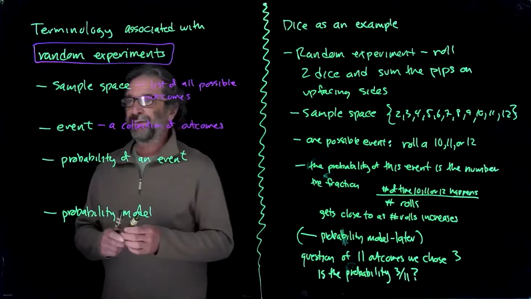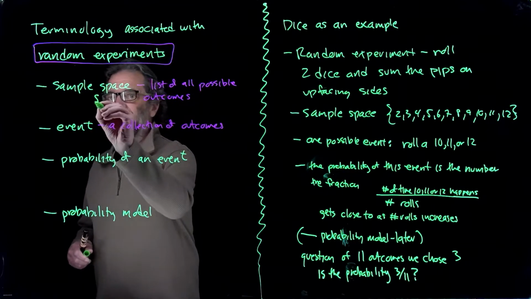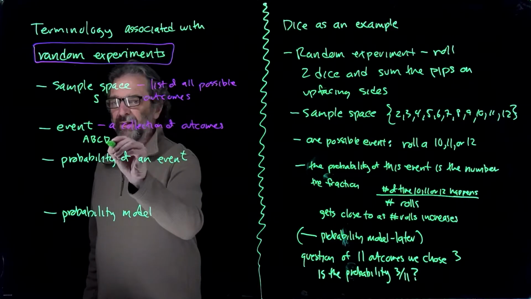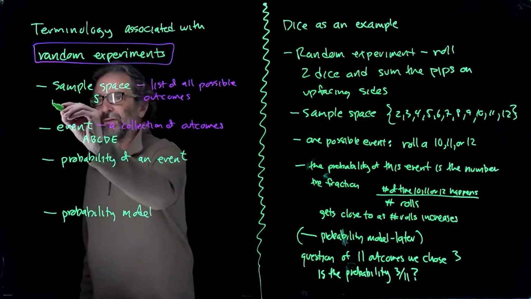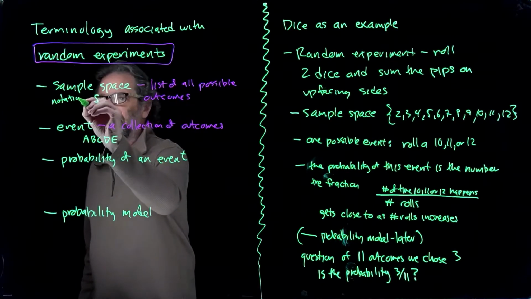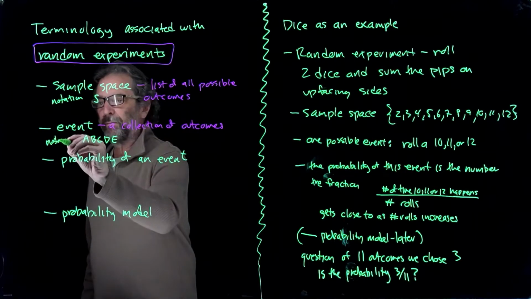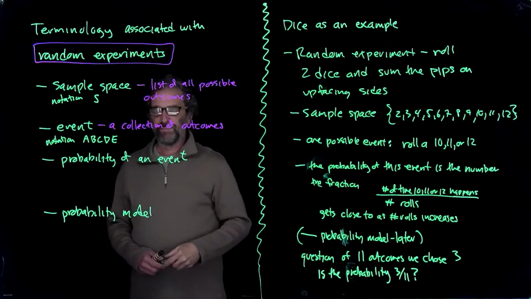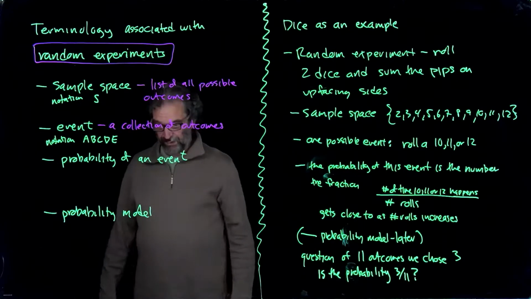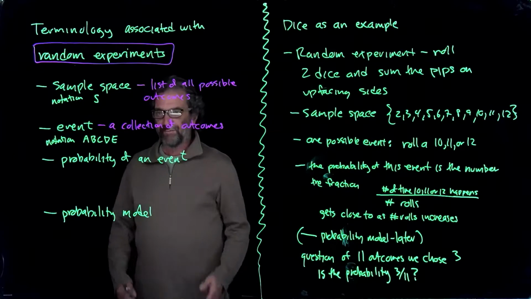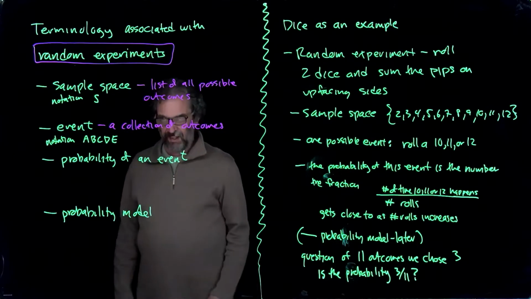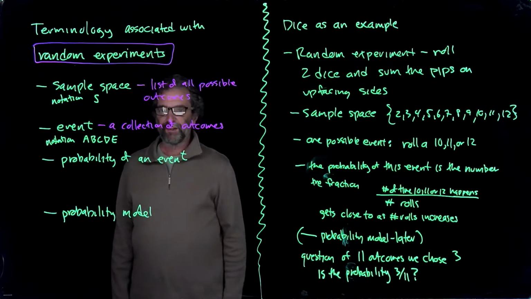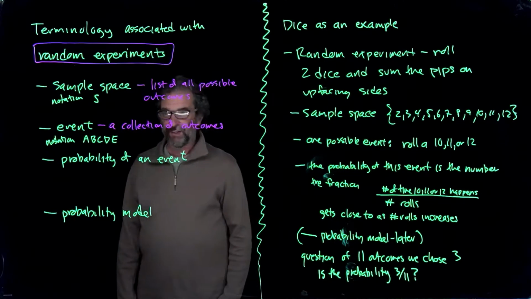The sample space could be called S, and events are like A, B, C, D, E. So that's notation. If I need to just describe an event, just pick an event, I want to have a name for it, I might call it A, B, C, D. And if I say there's an experiment, the sample space, we'll just call it S. You'll see how that works in a minute. Well, a couple minutes, I suppose.